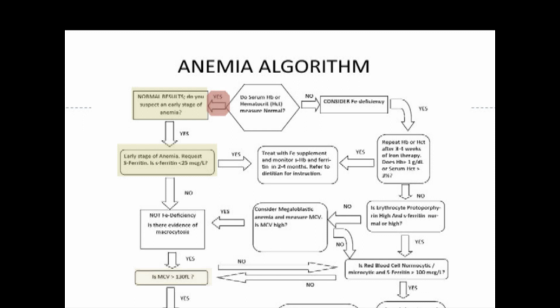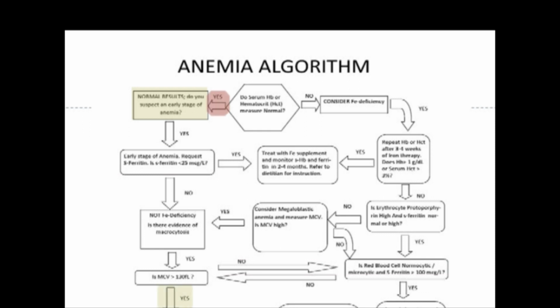If the answer is no, then we have to verify if the red blood cell is normocytic or microcytic, and verify if the serum ferritin is more elevated than 100 micrograms per liter. If it is, then we say yes and move down. And you can see when you're looking at the algorithm in your book that we can conclude that it's not an iron deficiency anemia.